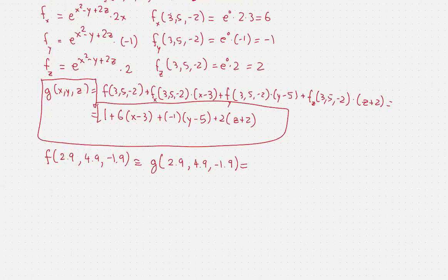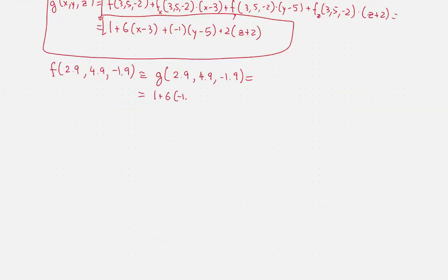So this is 1 plus 6 times -0.1, plus -1, which is what the derivative is with respect to y, times, and now we have to do 4.9 minus 5, which is again -0.1, and plus 2 times 0.1, which is -1.9 plus 2.